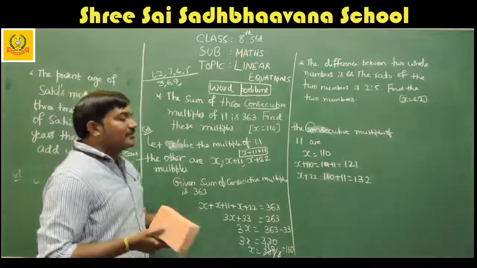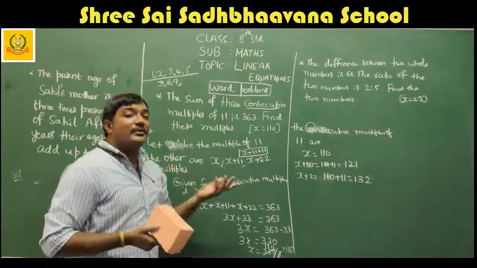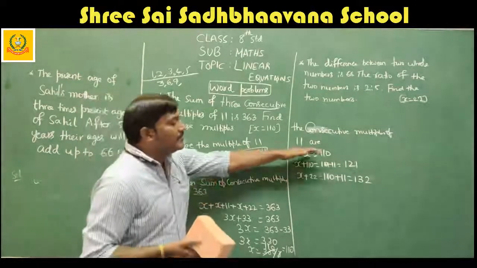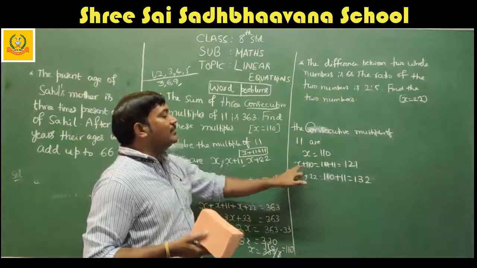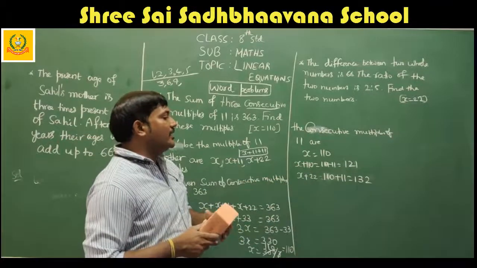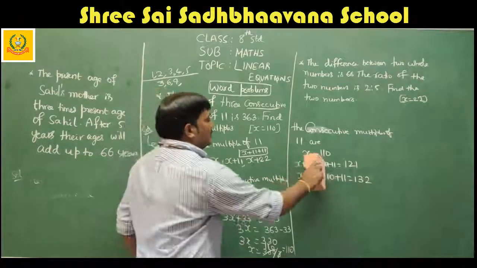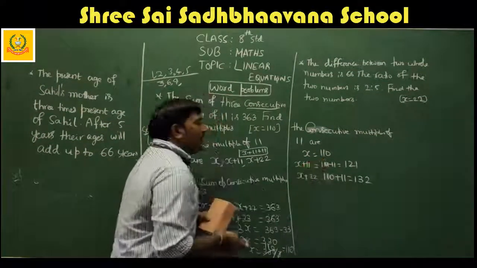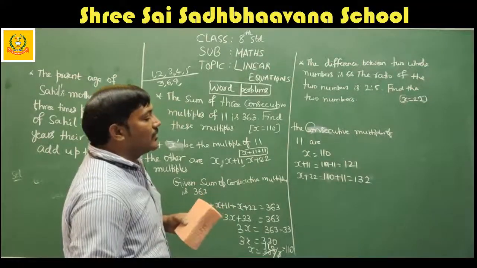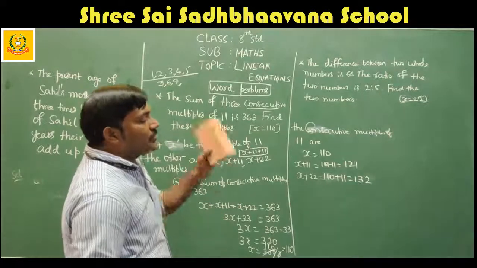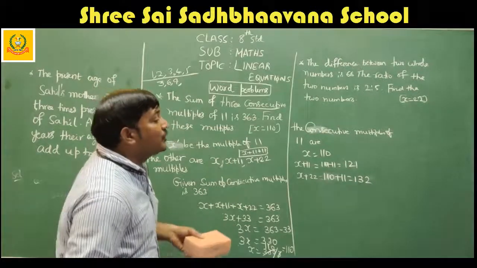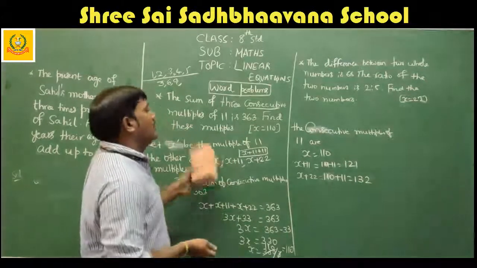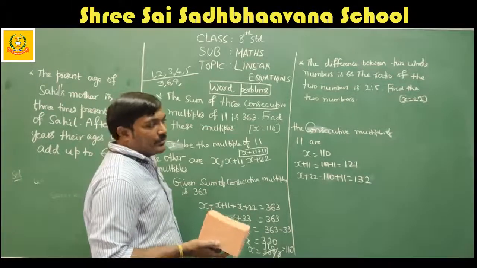The consecutive multiples of 11 will be x, x plus 11, and x plus 22: 110, 121, and 132. All these 3 are consecutive multiples of 11.